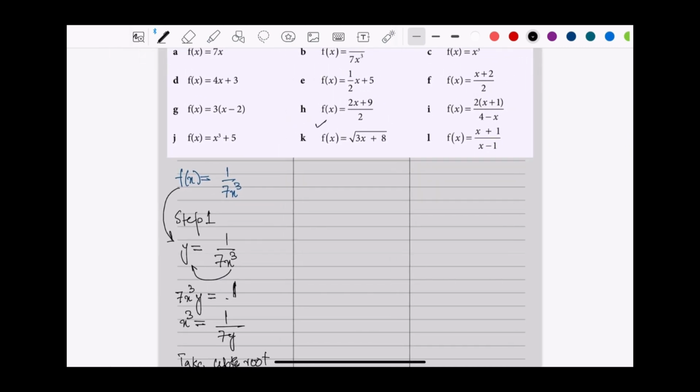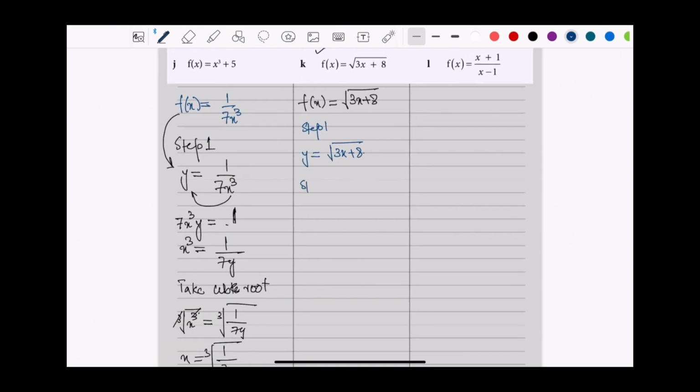I'll solve this one as well. So f of x is root of 3x plus 8. Step 1 is y is equal to root of 3x plus 8.